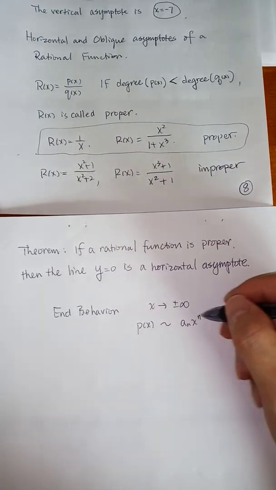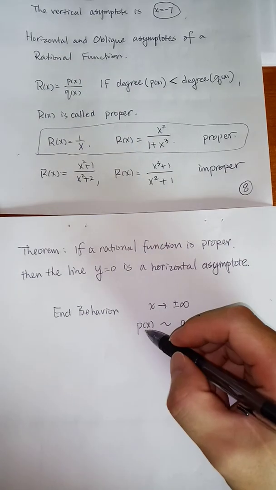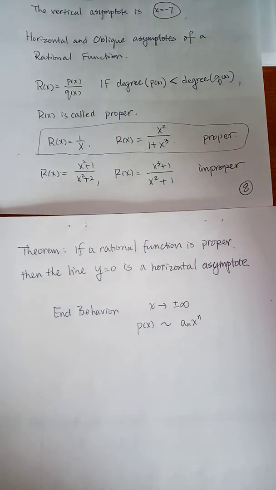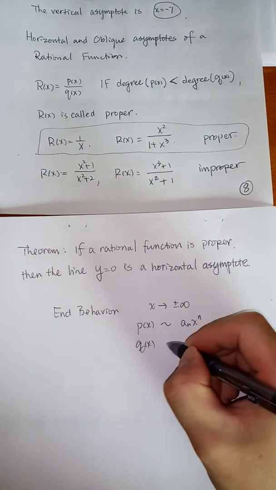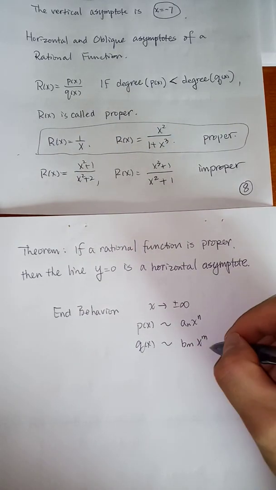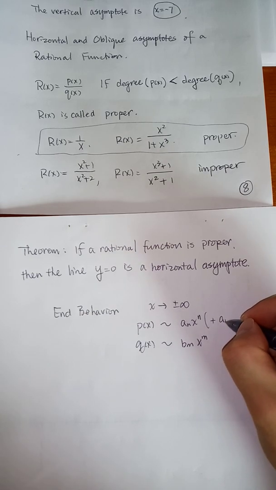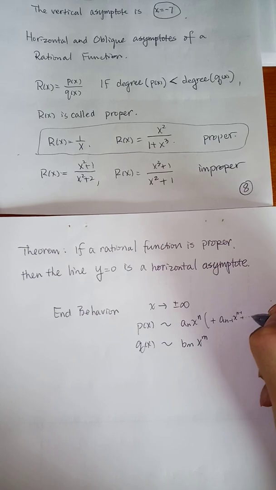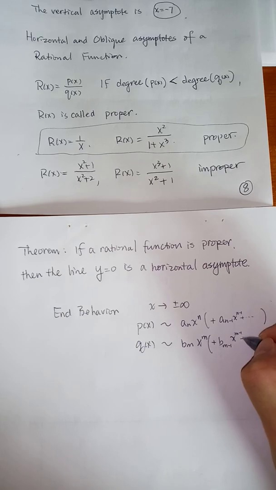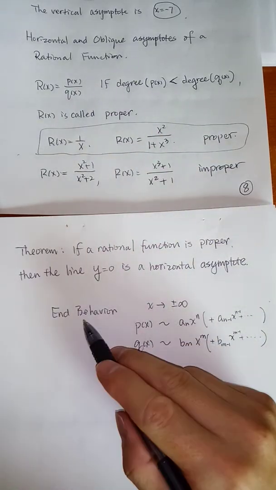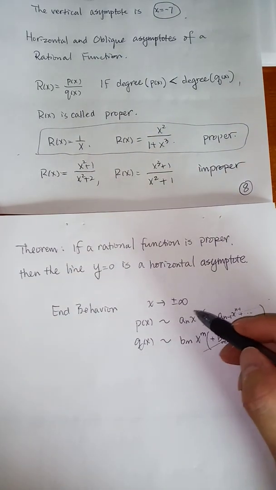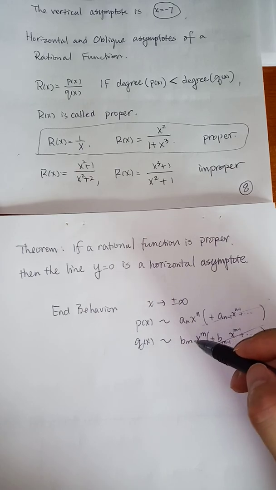So assume p of x is a_n x to the n plus a_(n minus 1) x to the n minus 1 and so on, and q of x is b_m x to the m plus lower terms. At infinity, this tail you can ignore, so you only consider the leading terms, a_n x to the n and b_m x to the m.